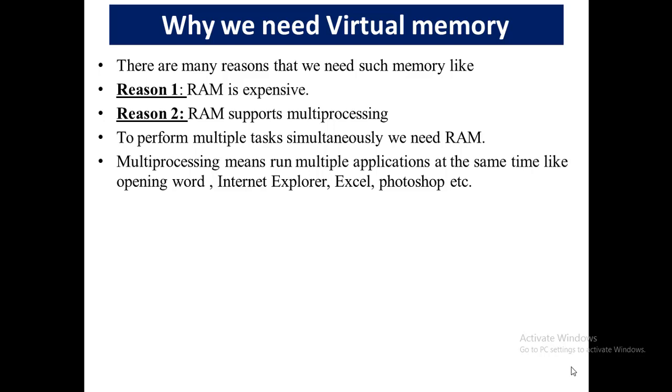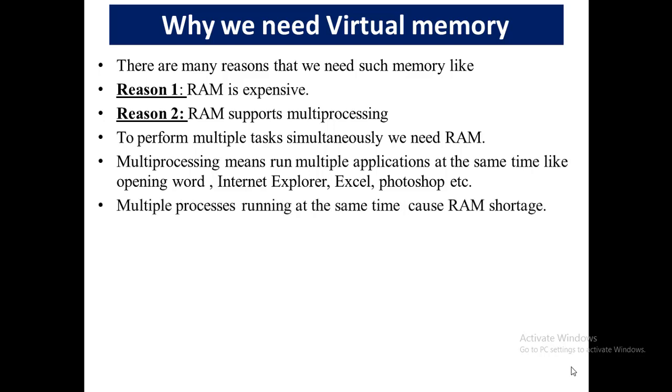We need all these applications to open and run simultaneously. This is called multiprocessing, because we are running all these applications at the same time. RAM supports us to perform multiprocessing, multitasking.